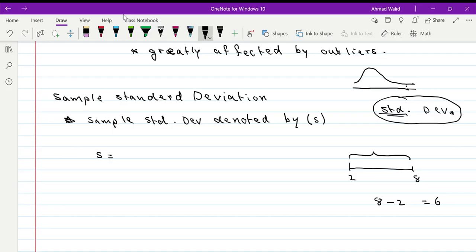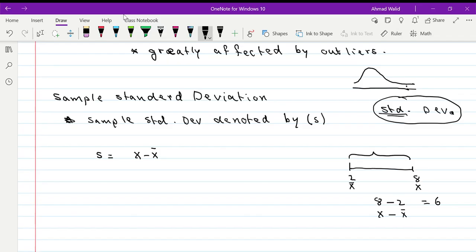Now, based on the definition, this is your mean, x bar, and this is your data value, x, correct? To find the distance, definitely you will say x minus x bar. Okay, x minus x bar.